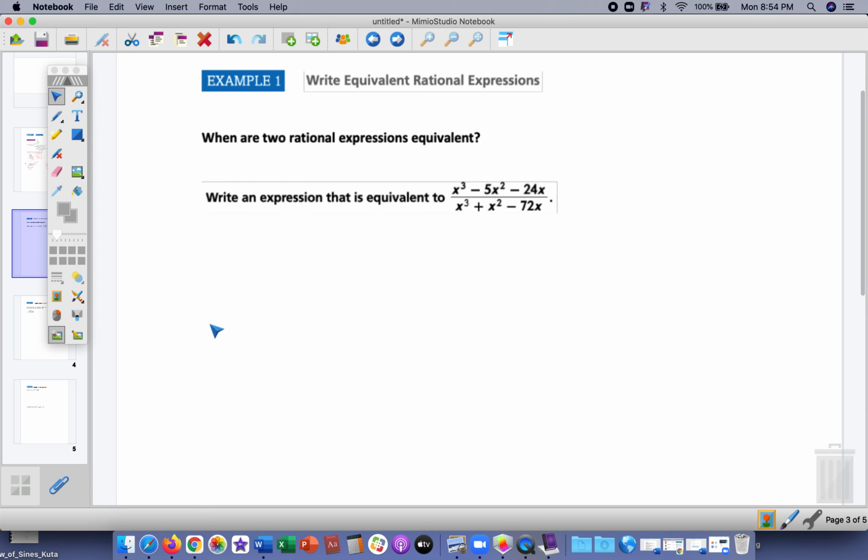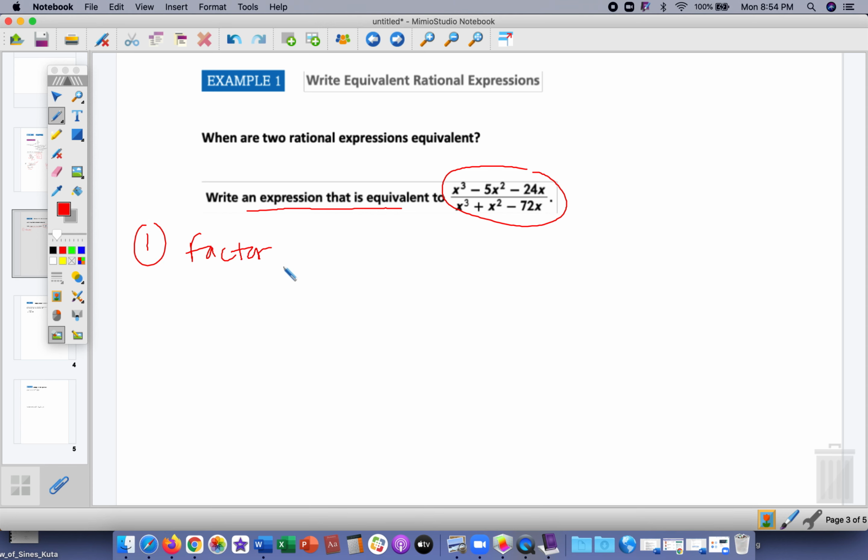So when are two rational expressions equivalent? We're going to write an expression that's equivalent to this expression. So what we can do is we can simplify or factor in the numerator and denominator. So we're going to factor our numerator and denominator.